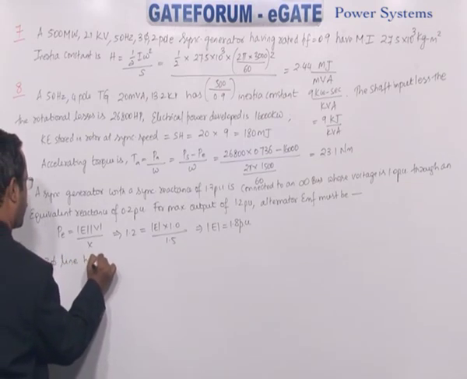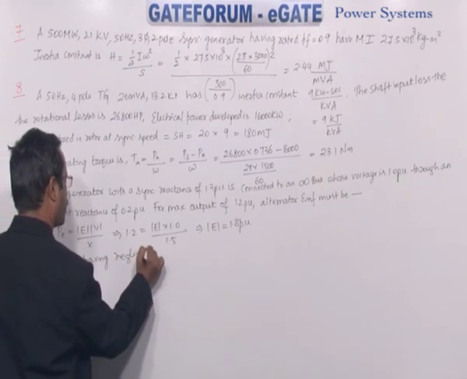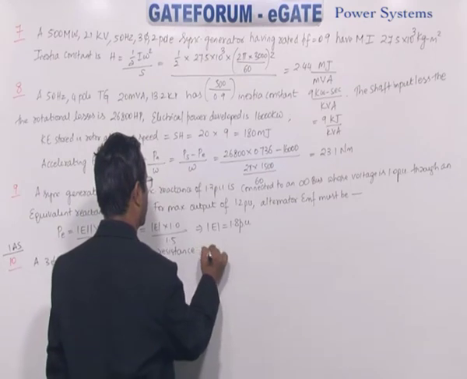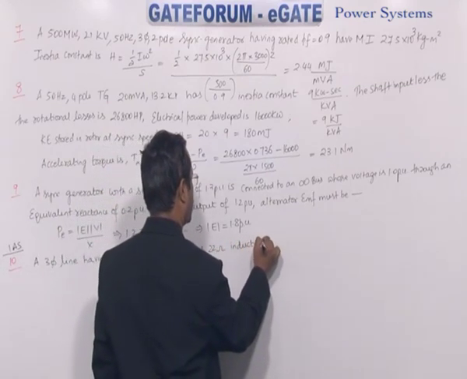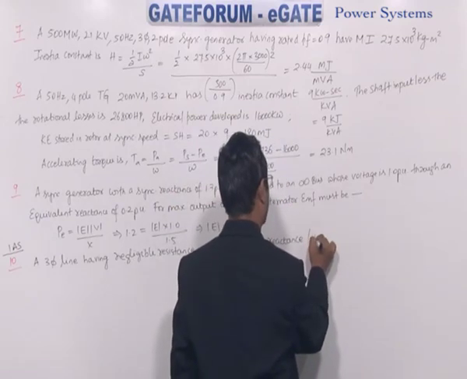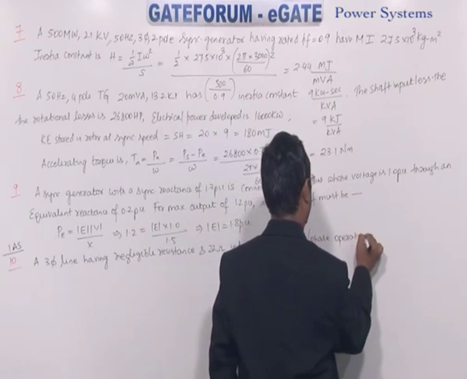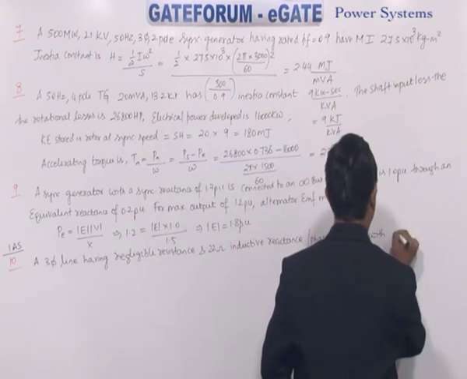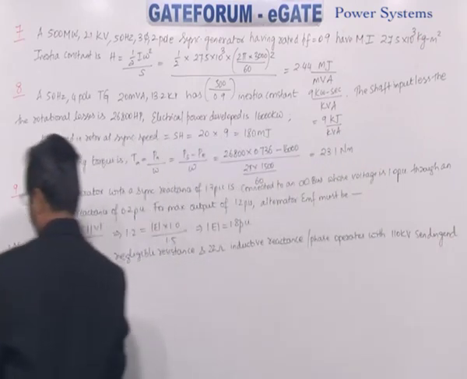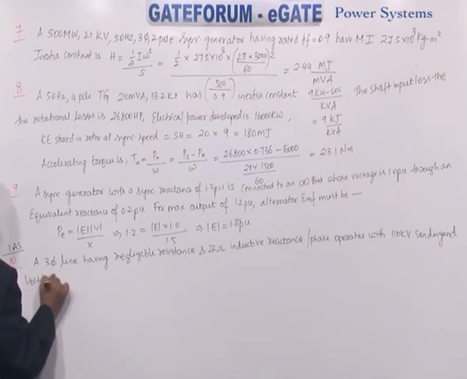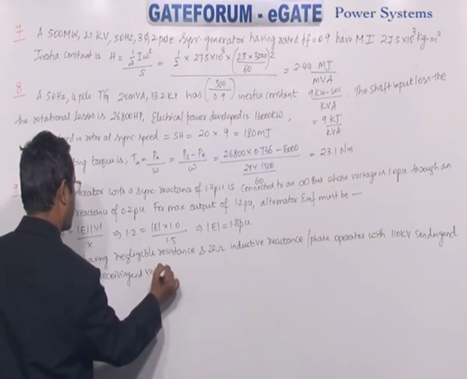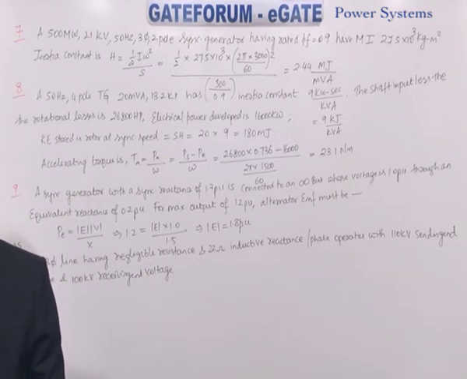A three-phase line having negligible resistance and 22 ohms inductive reactance per phase operates with 110 kV sending end voltage and 100 kV receiving end voltage.